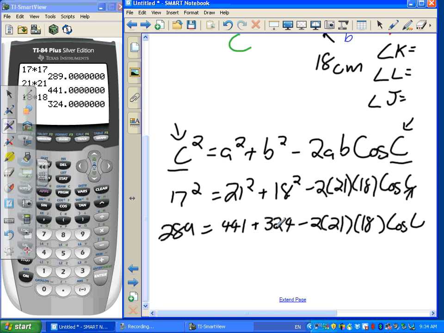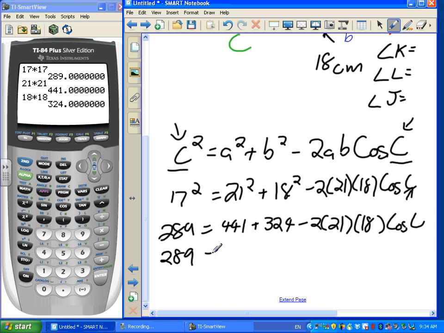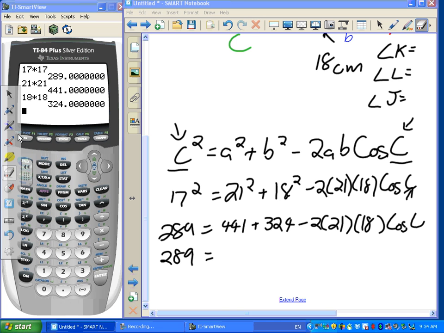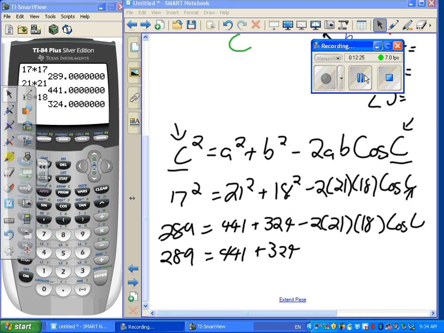So you do not combine these numbers, our squared A and B, with our 2AB. Make sure you do not do that on the test. Many of you did it on, actually, no, you didn't do it on the quiz, but we're going to do that in a second. I'm going to quickly solve that.